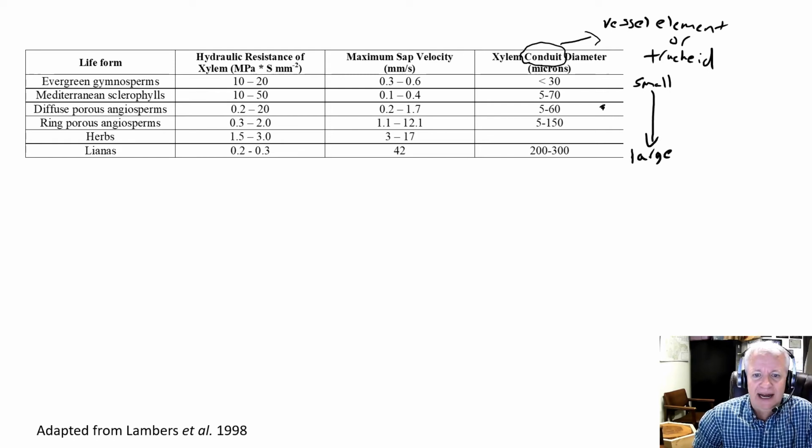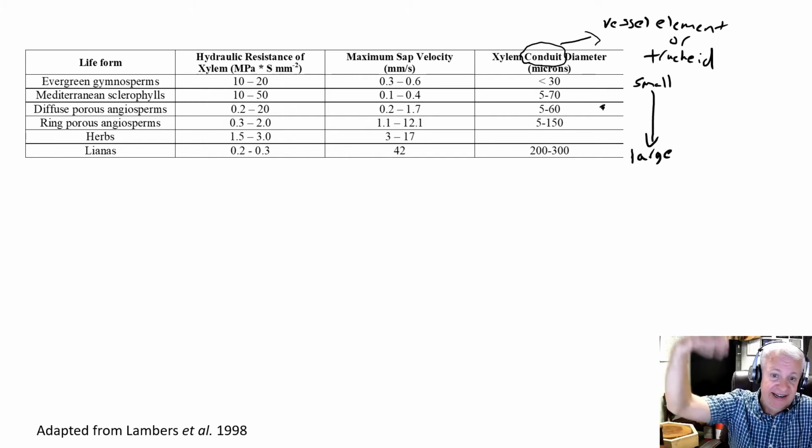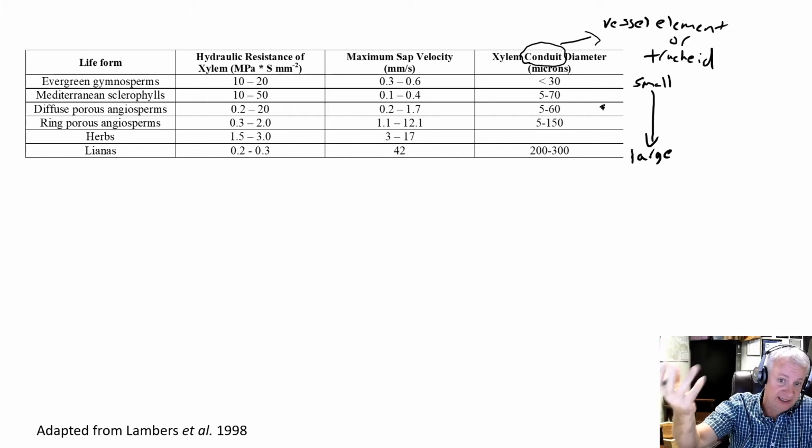Think about why lianas are on one end of this scale. Why are they able to produce enormous vessels? Well, it's because they really don't need much mechanical support, right? Lianas are vines that hang on other organisms like trees.